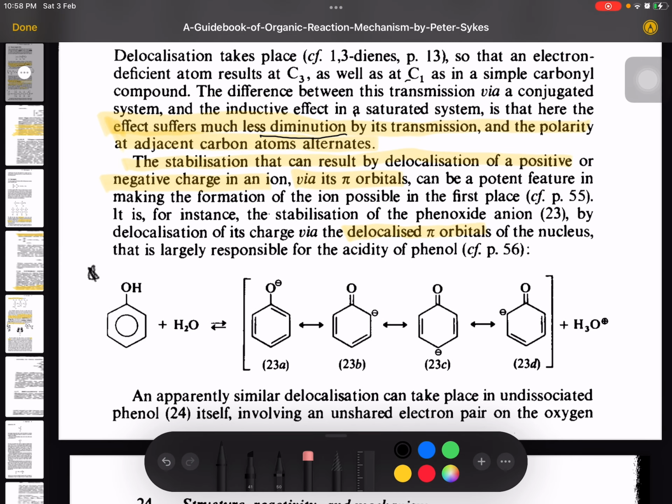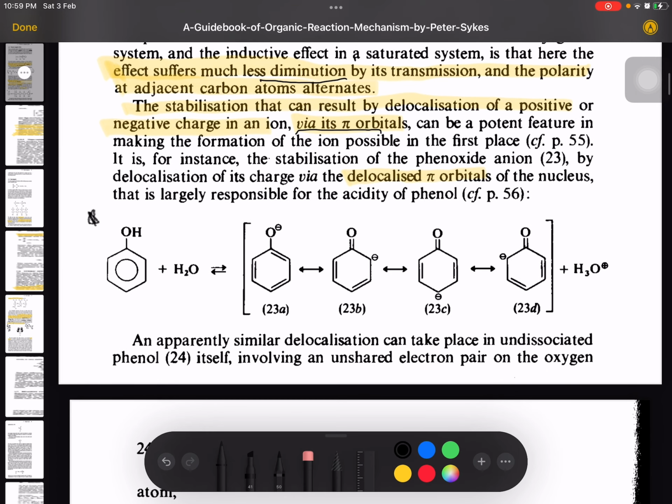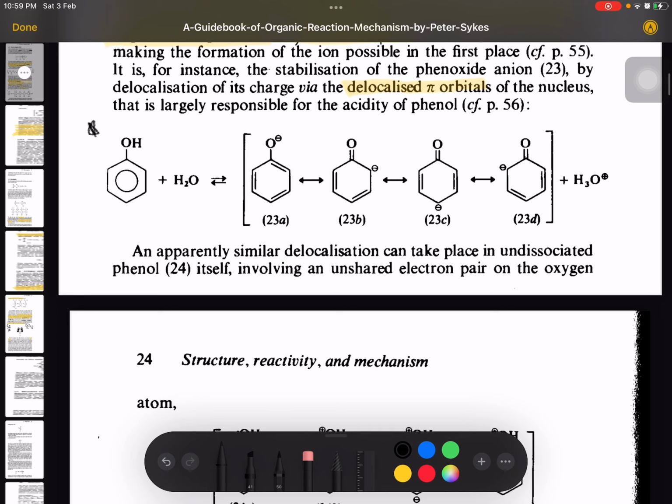A stabilization that can result by delocalization of a positive or negative charge in an ion via its pi orbitals can be a potent feature in making the formation of the ion possible in the first place. It is, for instance, the stabilization of the phenoxide anion by delocalization of its charge via the delocalized pi orbitals of the nucleus that is largely responsible for the acidity of phenol.